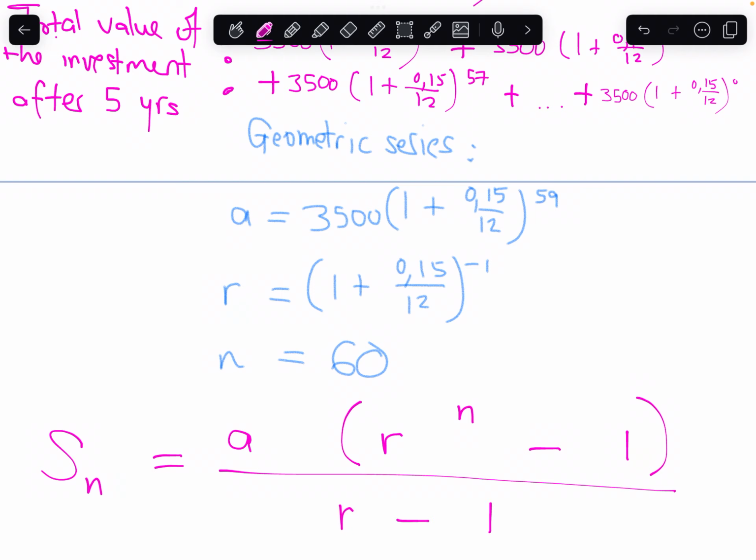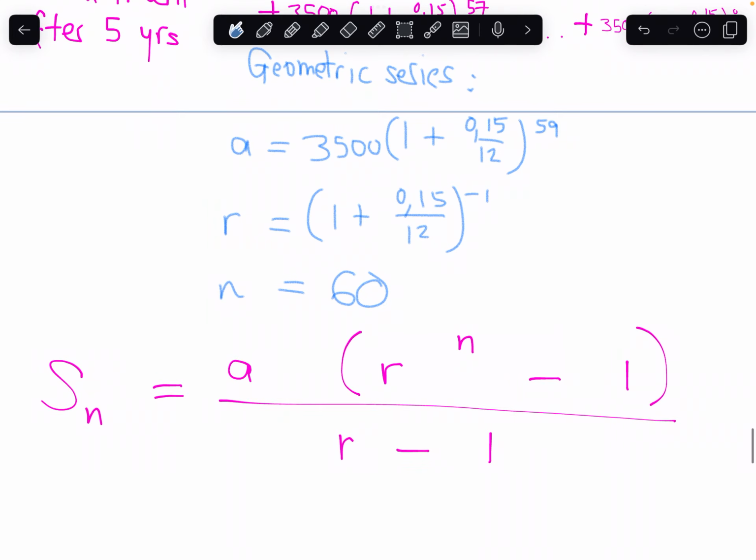Okay, so that's the formula for geometric series. Now let's fill in what we know. We want S60. We know that term 1 is 3,500 times (1 plus 0.15 over 12) to the power of 59.